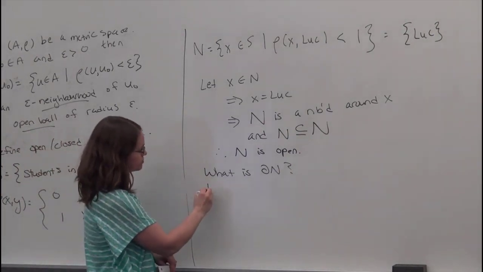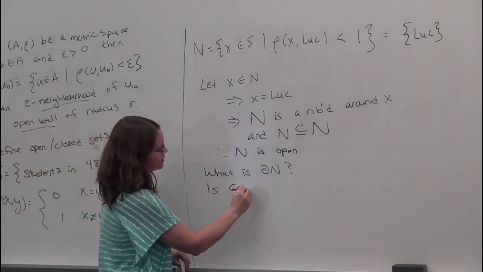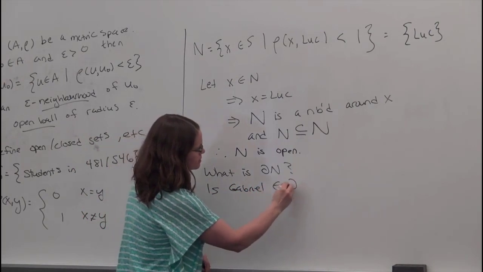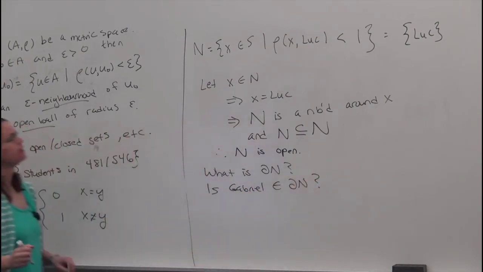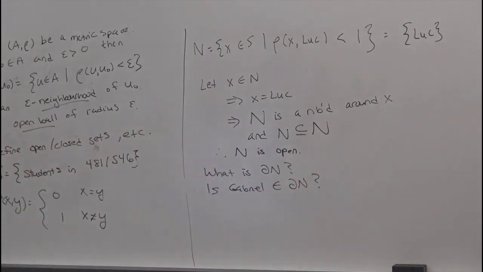So, is Gabriel in the boundary? What would it mean for you to be in the boundary? Taking the metric less than one boundary, measure equal to one. So what is the definition of a boundary point?